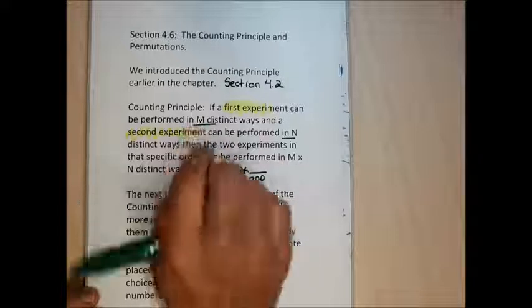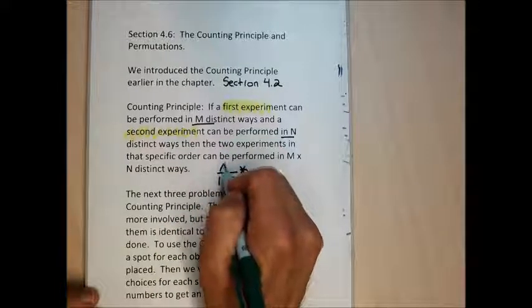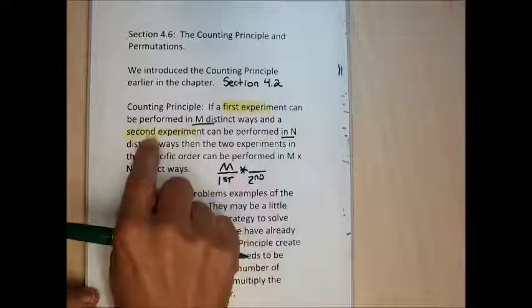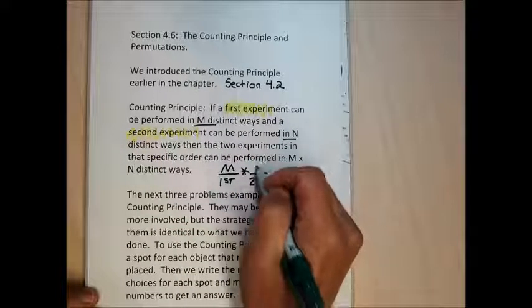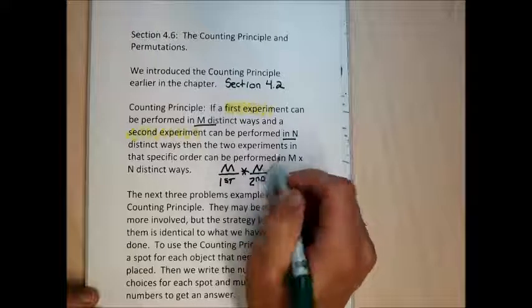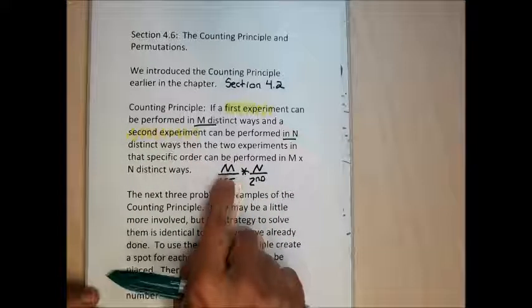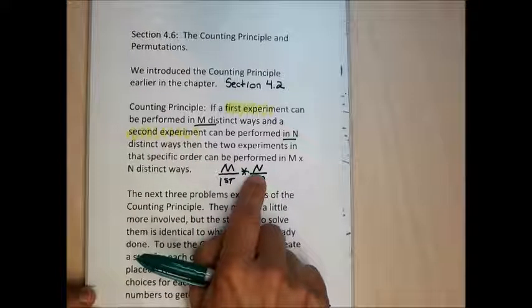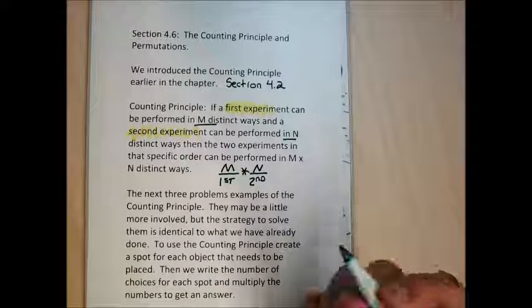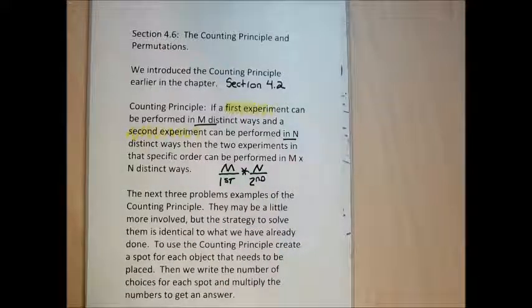So if the first experiment could be performed m distinct ways, and the second n distinct ways, then there's going to be m times n ways those experiments can be performed in that order.